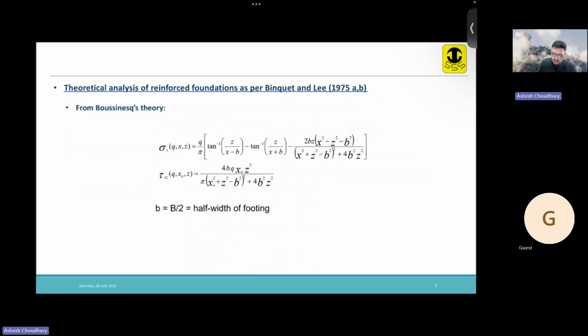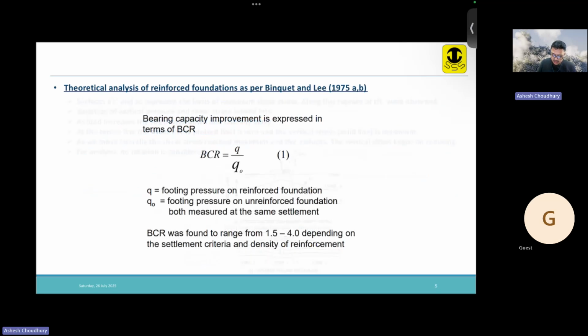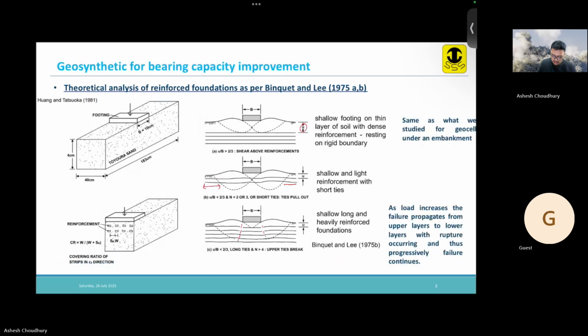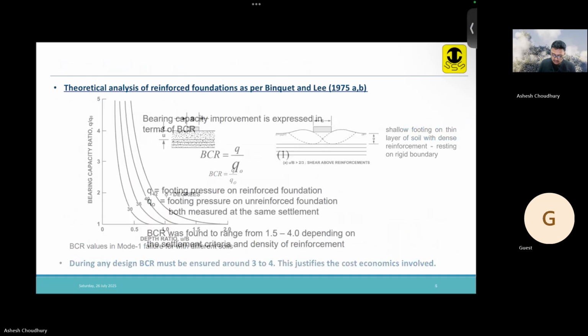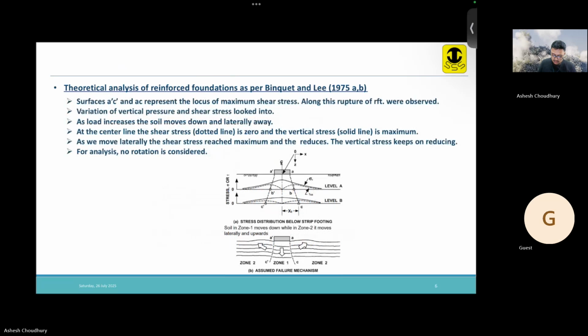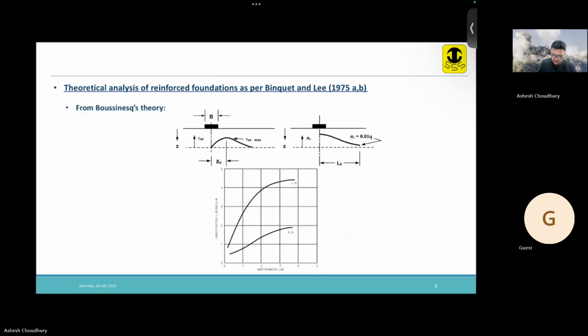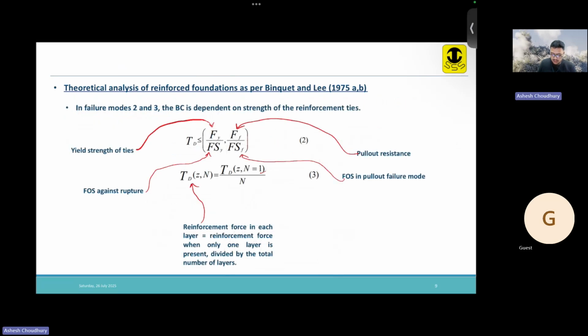So what Venkatalli did was express this reinforcement force as a function of both the yield strength of the ties and also the pull-out resistance.